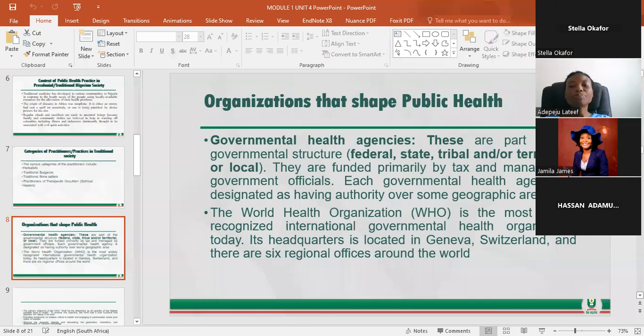Federal, state, and local. Yes, we have the federal level, the state level, and the territorial or local level. These levels are funded primarily by tax and managed by government officials. Very important. However, each governmental health agency is also designated as having authority over some geographical area. That is in the context of the 3 categories that we have looked at.